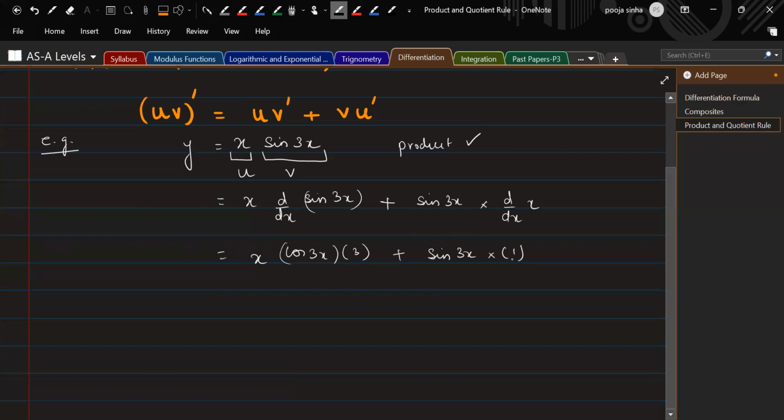So your final answer will be 3x cos 3x plus sin 3x. Clear? समझ रहे हैं? ठीक है.